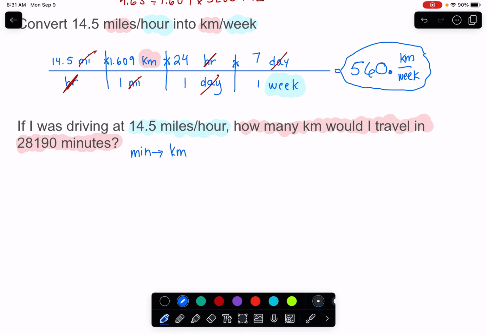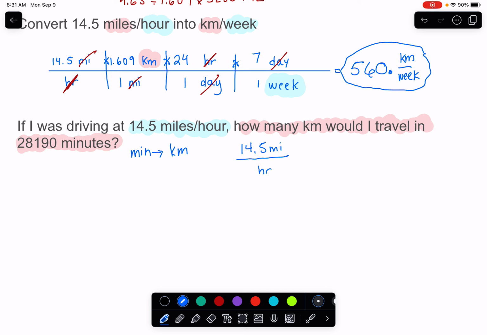Remember, when you are writing these in dimensional analysis problems, you can write it separated over the line like this. Right? That's how we started the last problem. This is actually how we're going to use this number as well, because when the 14.5 miles per hour is written this way, you can see it's actually set up to be used like a conversion factor that converts between miles and hours.